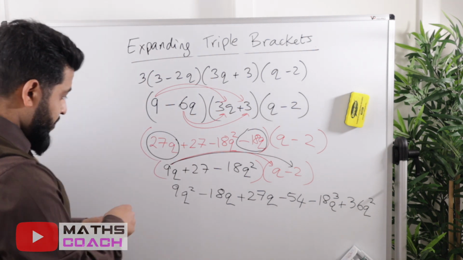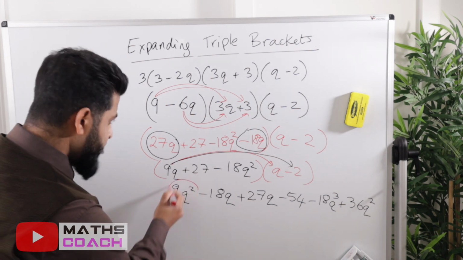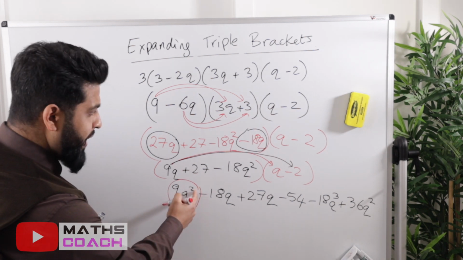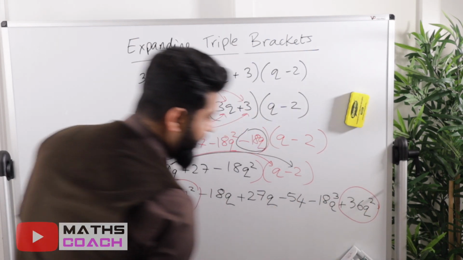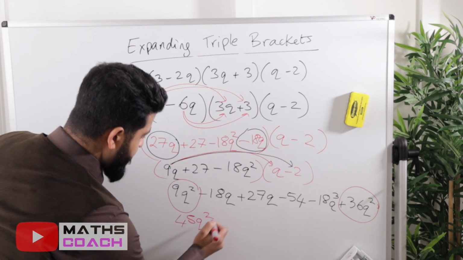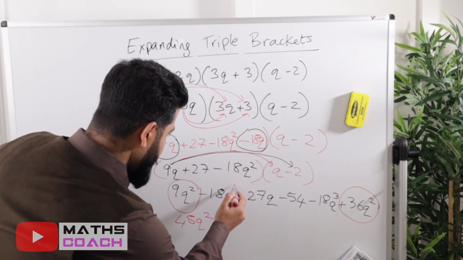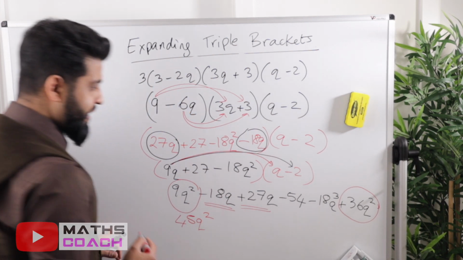All right, so what are the like terms? If we scan here, so we've got 9q squared, and if you go all the way to the end, you've got another q squared. So 9 plus 36 is 45q squared. And moving along, we've got the minus 18q here, and we've got plus 27q here.